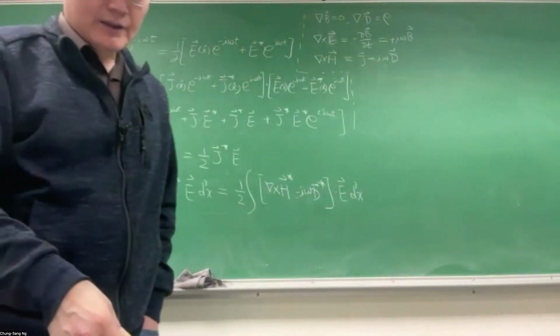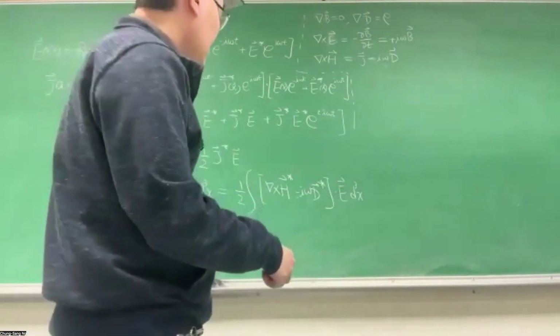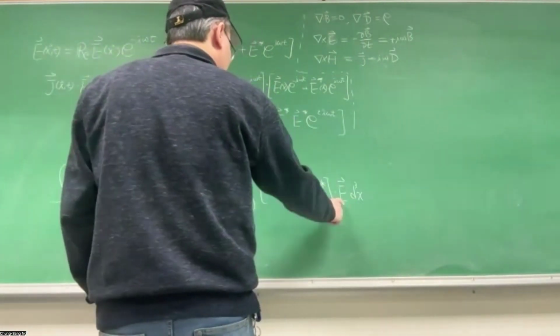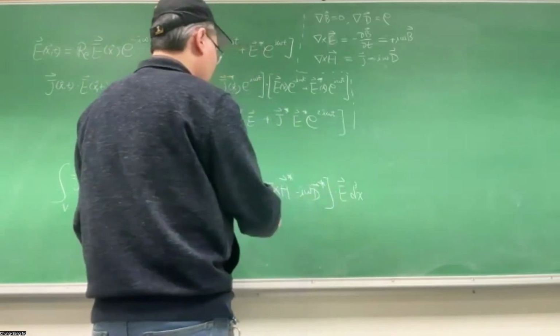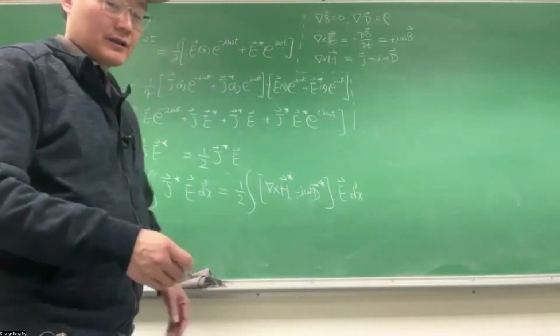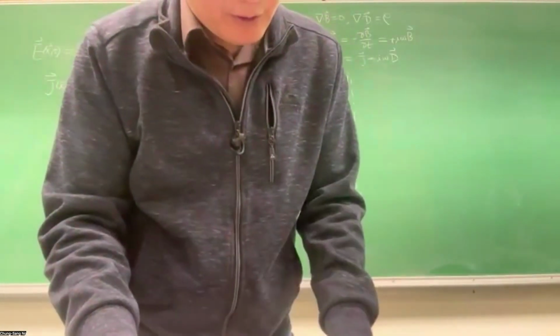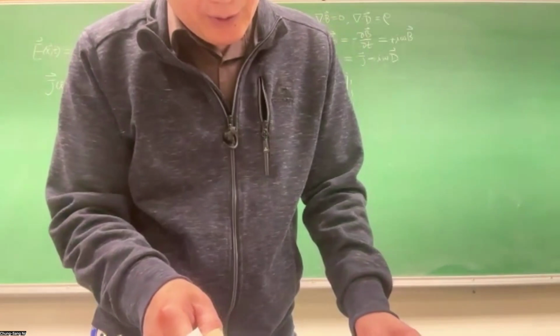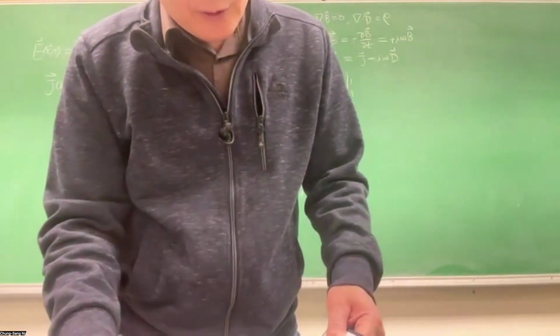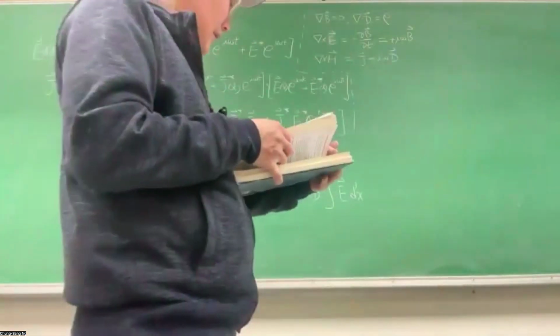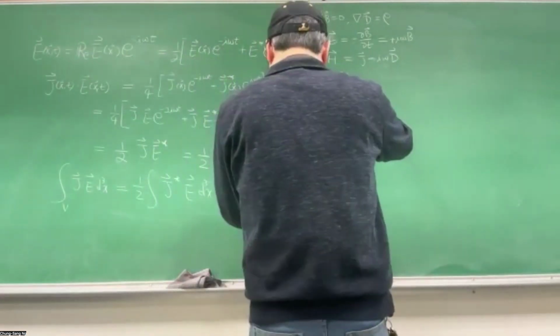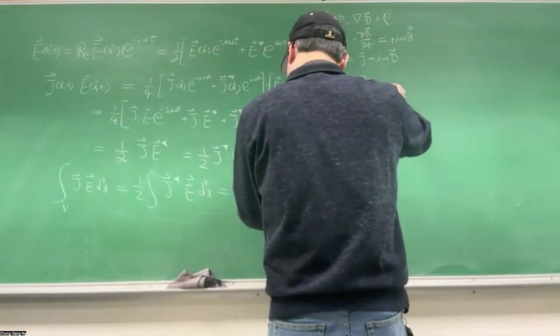Okay, and now for this one you again use the vector identity that we already looked at in 6.7. Let's do it again. So basically this becomes a divergence of, let's look up the vector identity again.